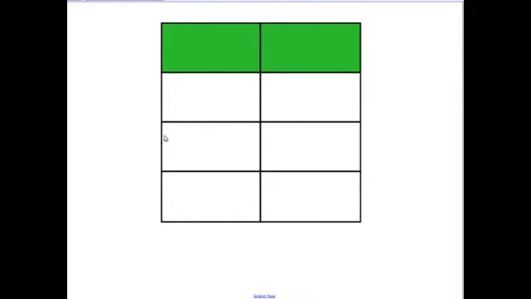Now you'll notice that the amount of green area within the rectangle hasn't changed. It's the same amount, but the number of parts we've split the whole rectangle into has changed. We've got 1, 2, 3, 4, 5, 6, 7, and 8 parts now.